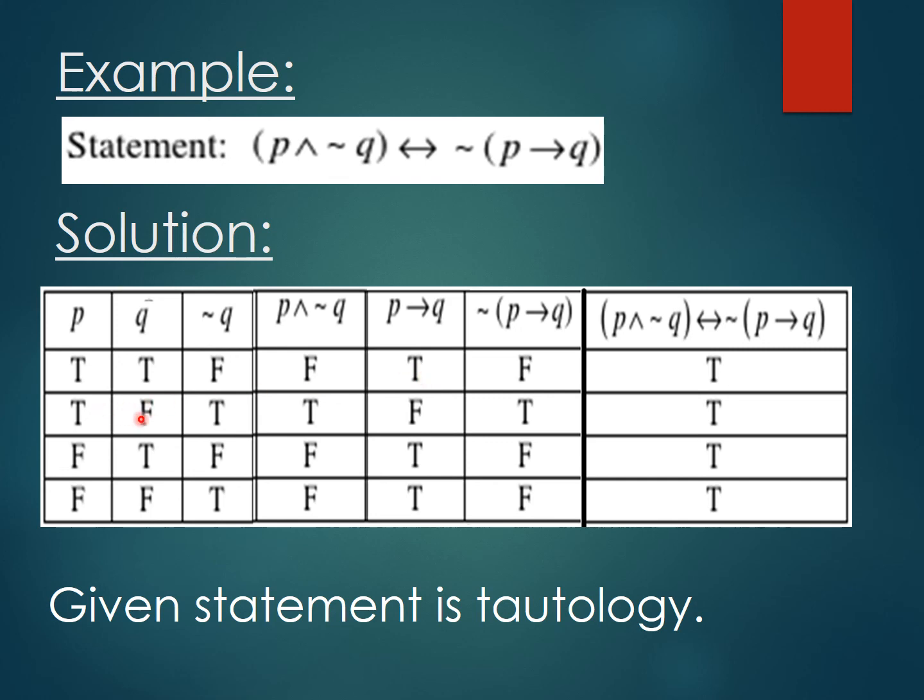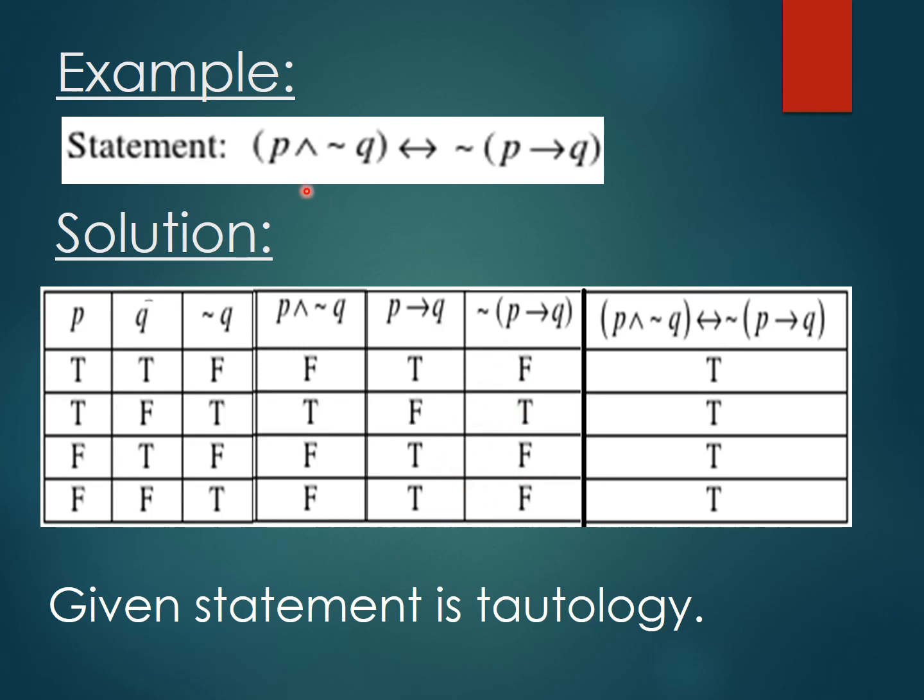P is true, Q is false, so here the answer is false. P is false, Q is true, answer is true. P is false, Q is false, answer is true. Now next we need not of P implies Q. So we apply not on P implies Q, meaning we are inverting it. Where it is true, we write false. Where it is false, we write true. So we just write it down.